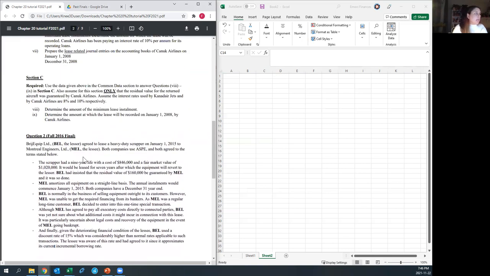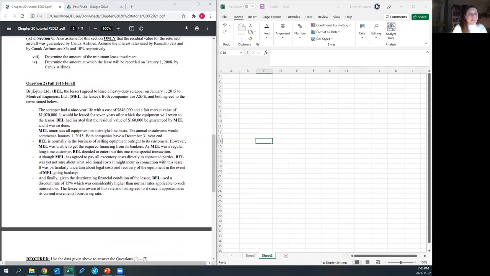So we're going to start with the lessor. So we're going to start with Bell. They both use ASPE, so there's criteria under ASPE, but there's also the 2 other criteria for the lessor.